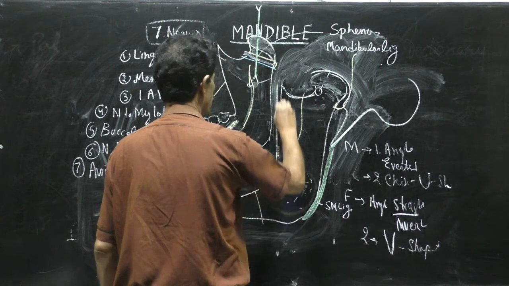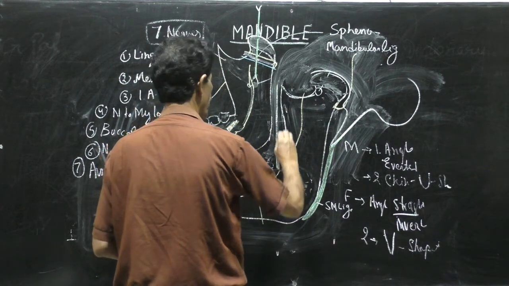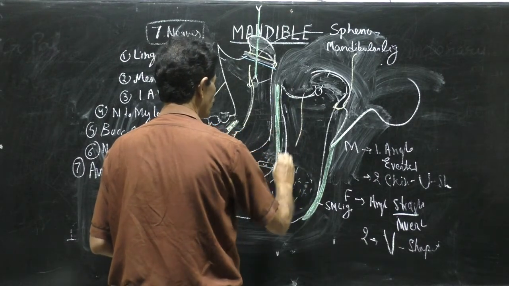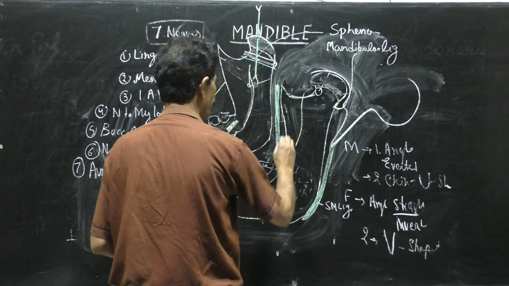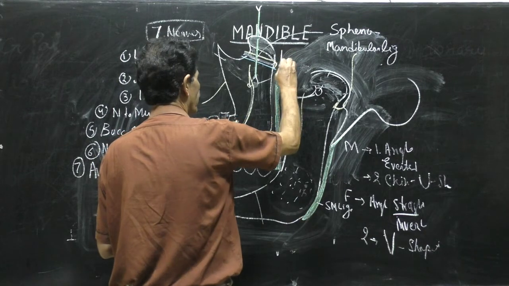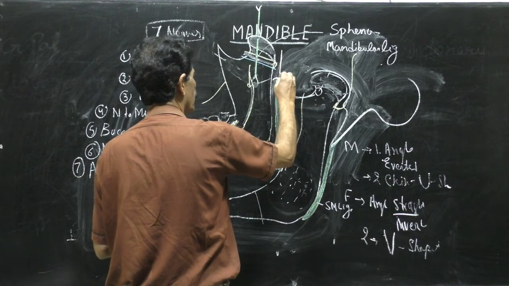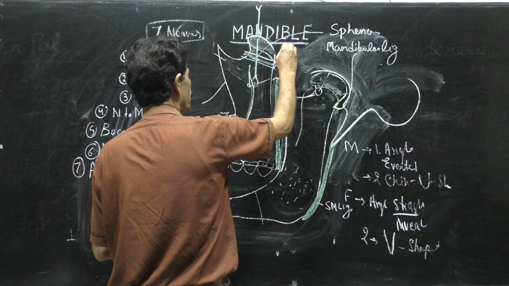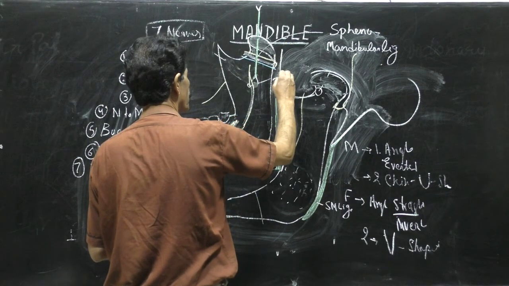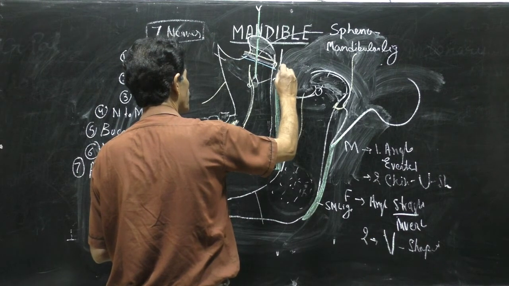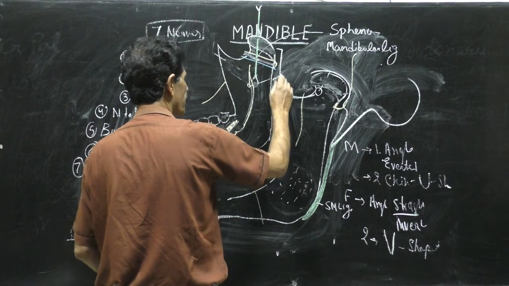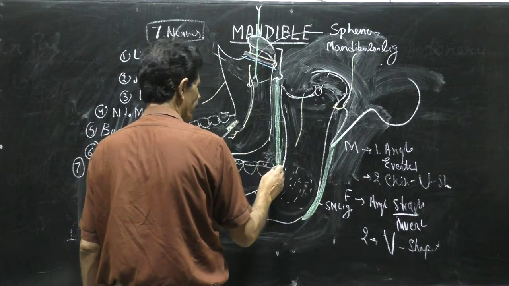This pterygomandibular raphe is attached superiorly to the pterygoid hamulus of the medial pterygoid plate, the lower part of the posterior border of the medial pterygoid plate. There is a hammer-like hamulus, and this is the pterygomandibular raphe.